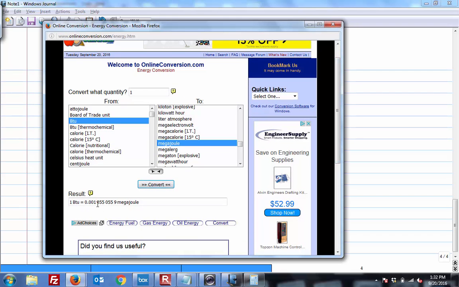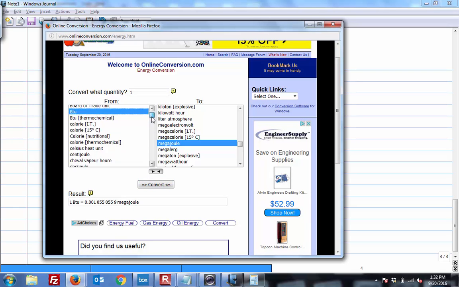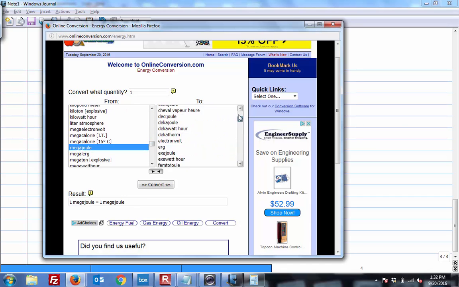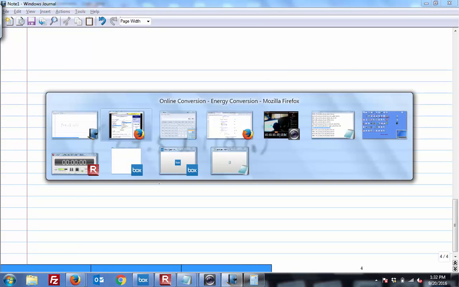There you go. So 1 BTU is 1/1000th of a megajoule. If we run it the other way, it's usually easier to work with numbers bigger than 1 rather than less than 1. So if we go megajoules to BTUs, there we go. 1 megajoule is 947.8 BTUs.